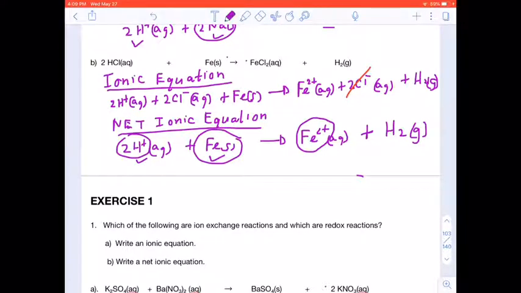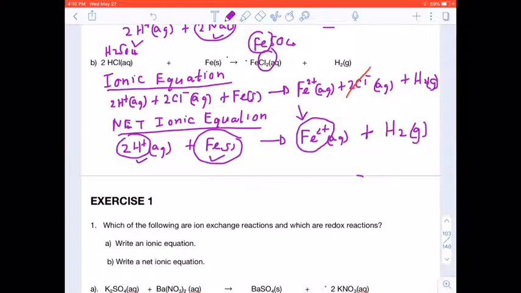Because I used hydrochloric acid, the anion was chloride. Had I used sulfuric acid, H2SO4, then here I would have had FeSO4. Follow? But that ion there would still be the same.